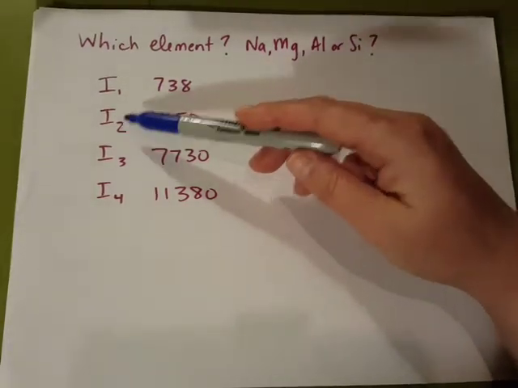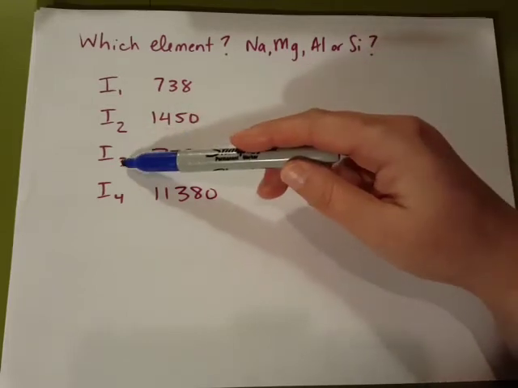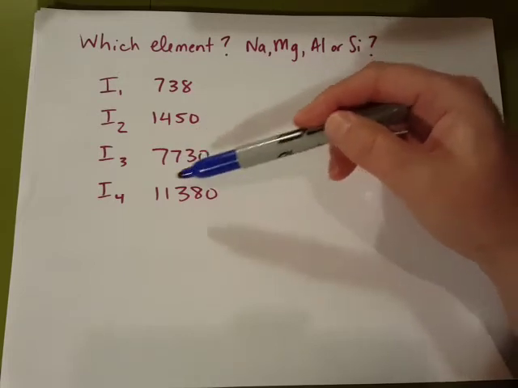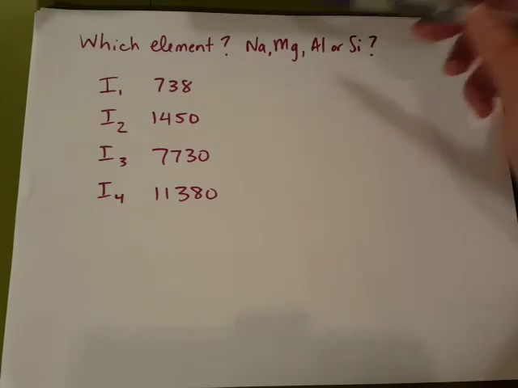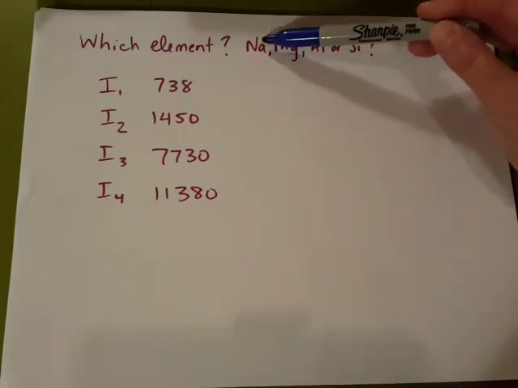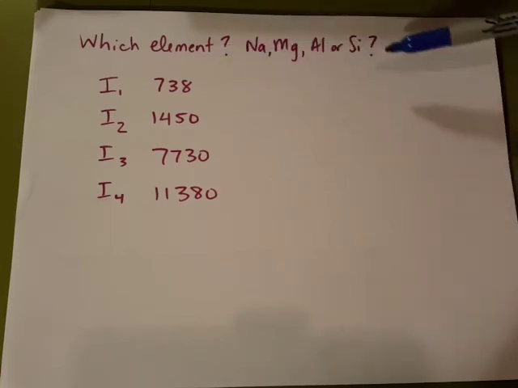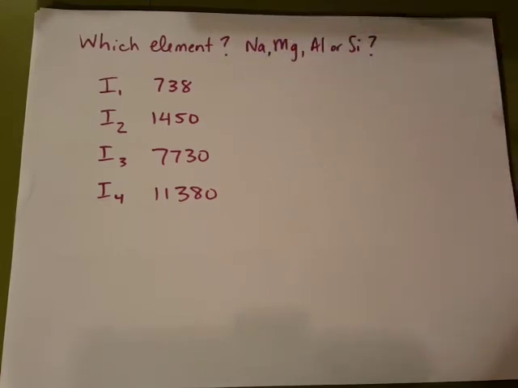A second electron gets removed at 1,450 kilojoules. A third electron gets removed at 7,730, and then the fourth at 11,000. So the question is do we think this could be sodium, magnesium, aluminum, or silicon? The difference between all of these is that this has 1 valence electron, 2 valence, 3 valence, and 4 valence electrons.